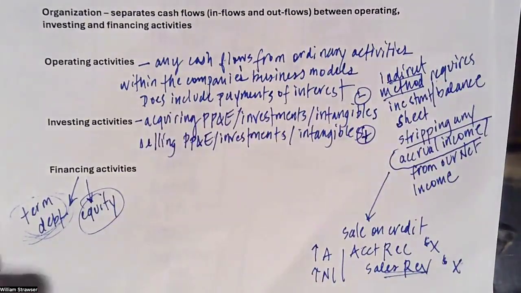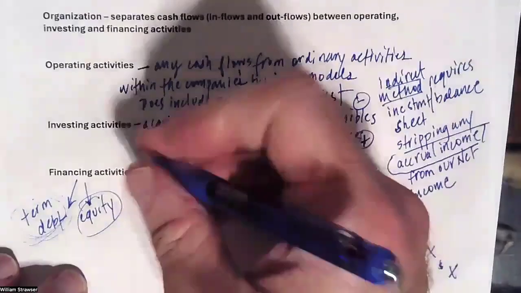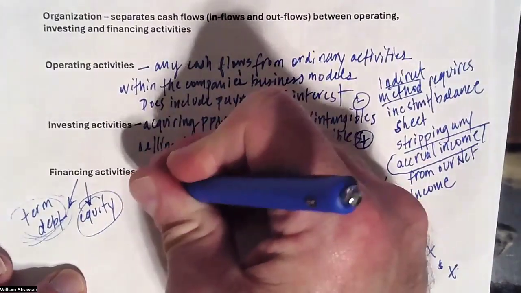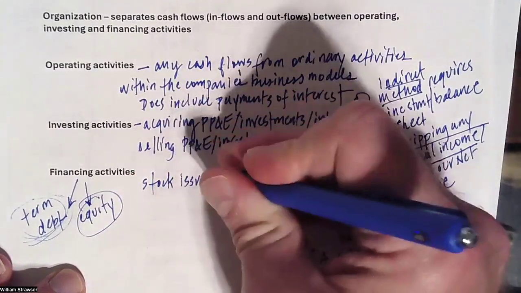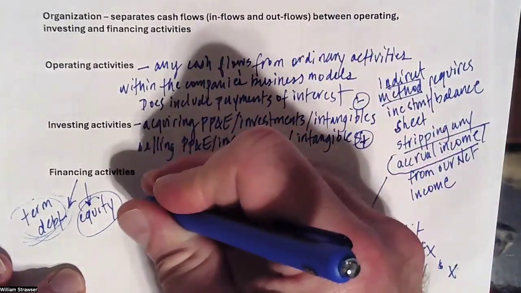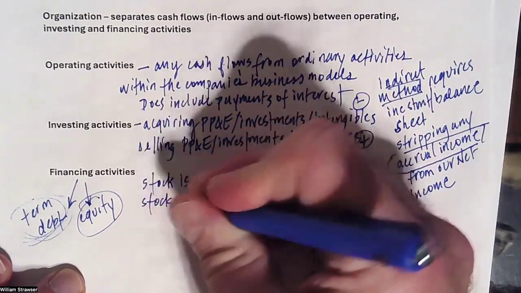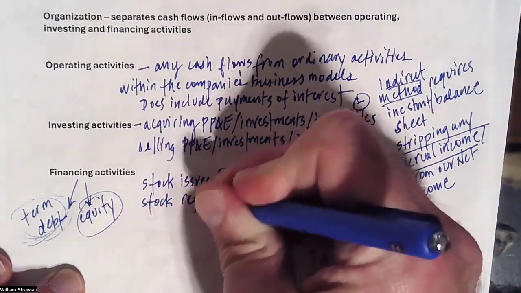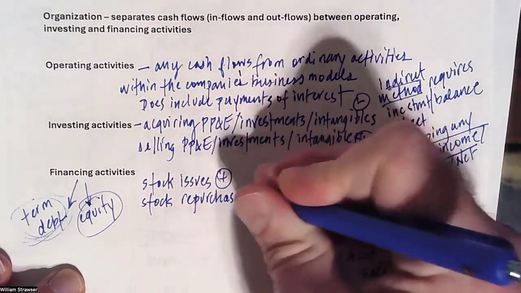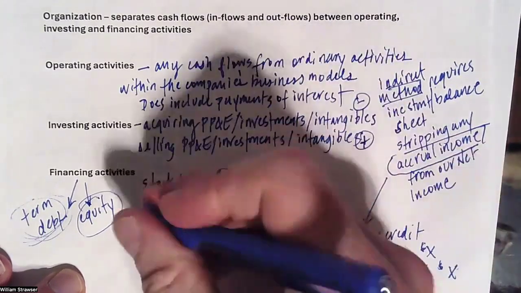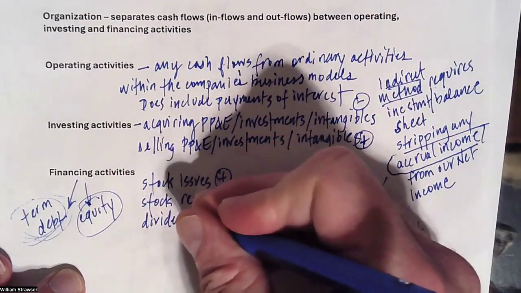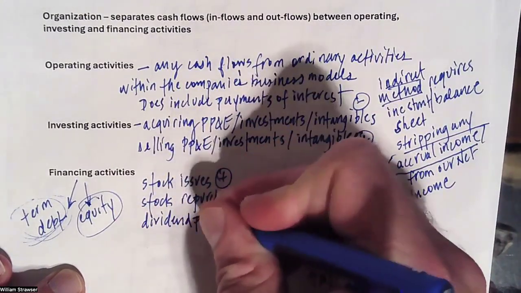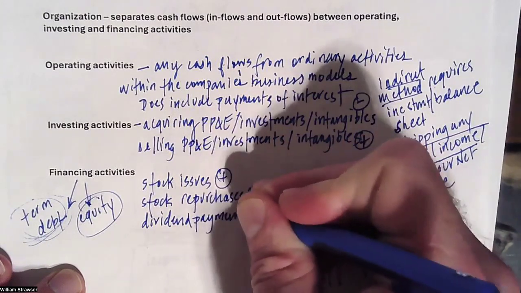Equity transactions would be more like common stock transactions, issuing stock, buying back stock. So we have stock issues that would increase my financing activity cash flows. Stock repurchases would be a cash outflow because the company is buying back its common shares. Any dividends would be negative. We pay dividends, that's a cash outflow.